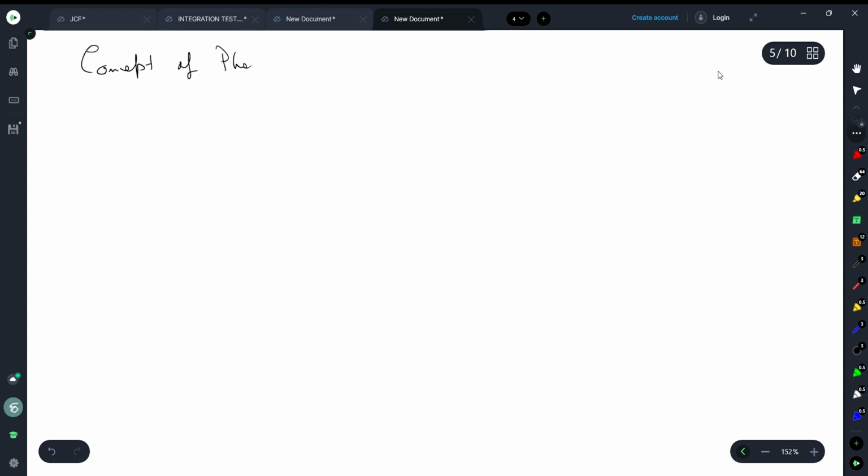Concept of photon. Very, very important. So point number one.